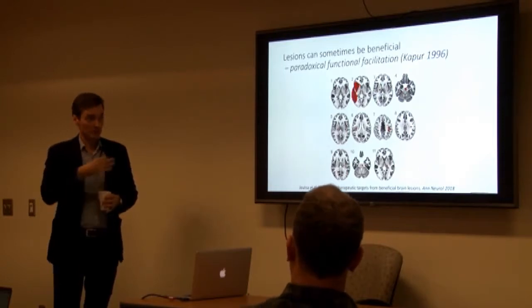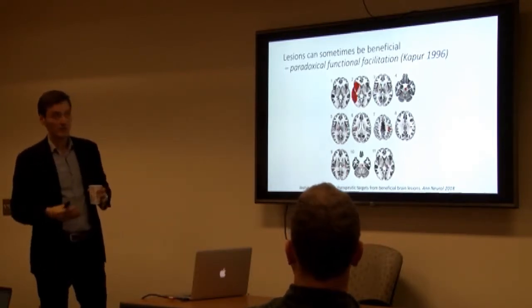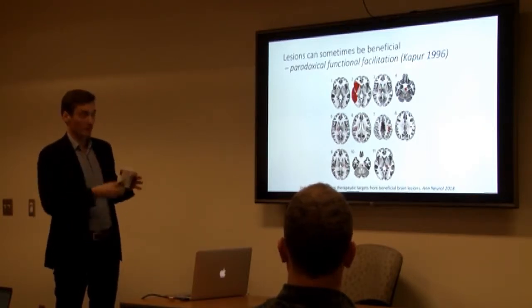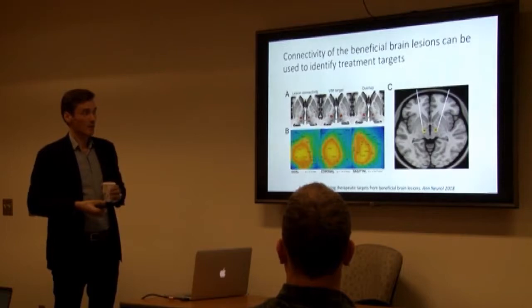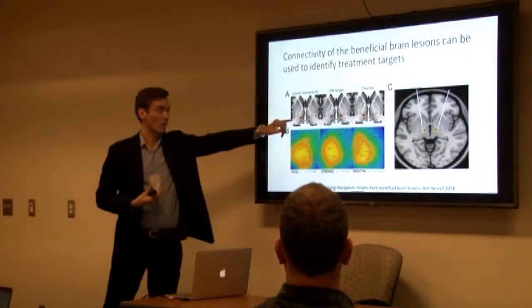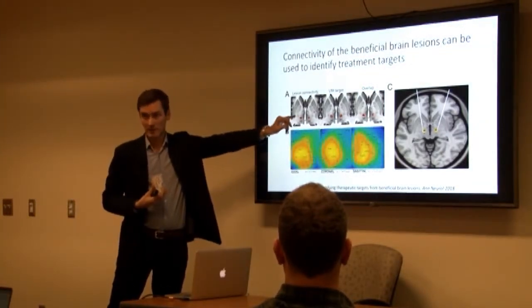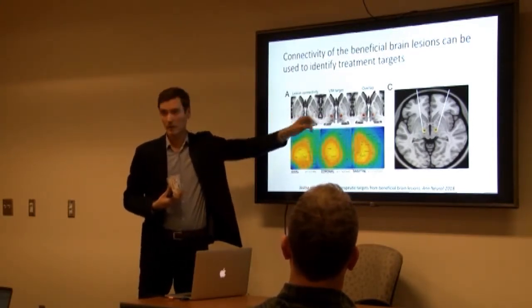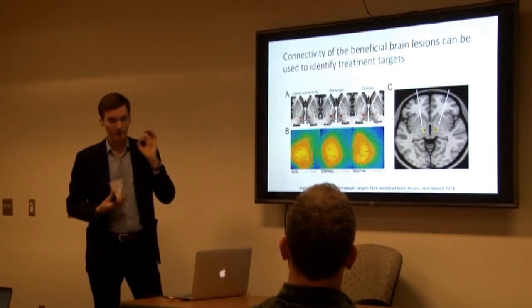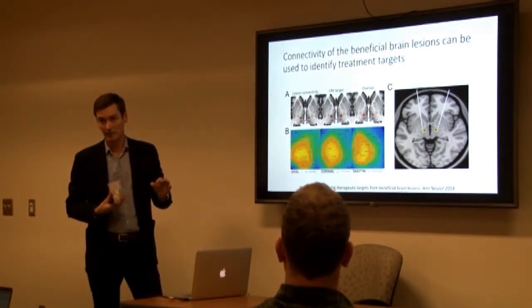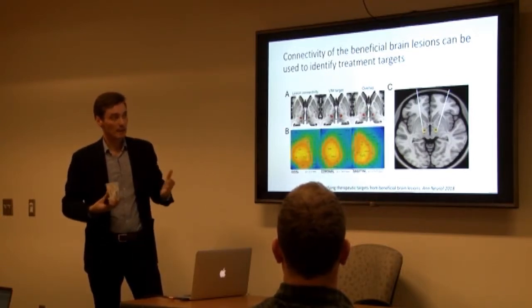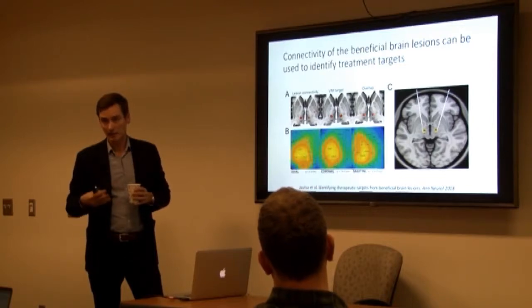And as a proof of concept, with essential tremor, we found 11 lesions which hit different parts of the brain with very little in common, but when we analyzed the connectivity, all of these lesions were connected to a specific site in the thalamus, which matches exactly the coordinate that neurosurgeons used to target DBS for this condition. So this finding indicates that the connectivity actually can be used to identify treatment targets.